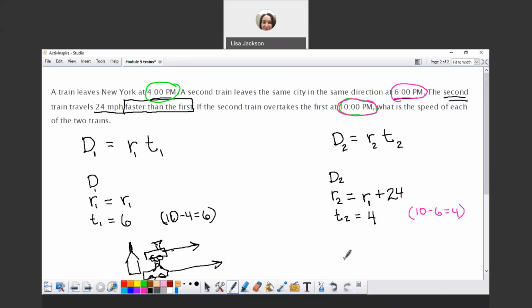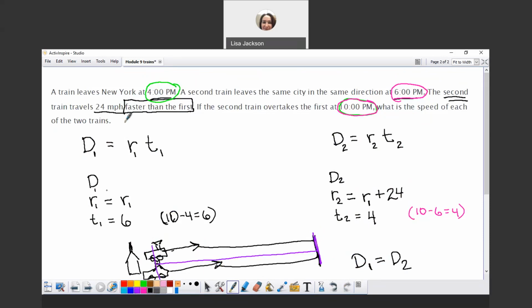So from here to wherever this one gets overtaken by this one, notice that their distance is the same. They started here at the same train station and one overtook the other. That length of distance is the same. So for this problem, the key is that the distance of train 1 is equal to the distance of train 2.